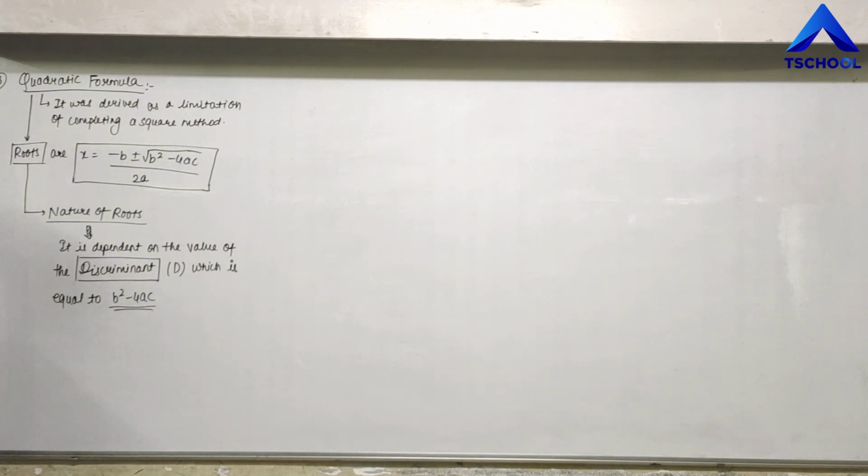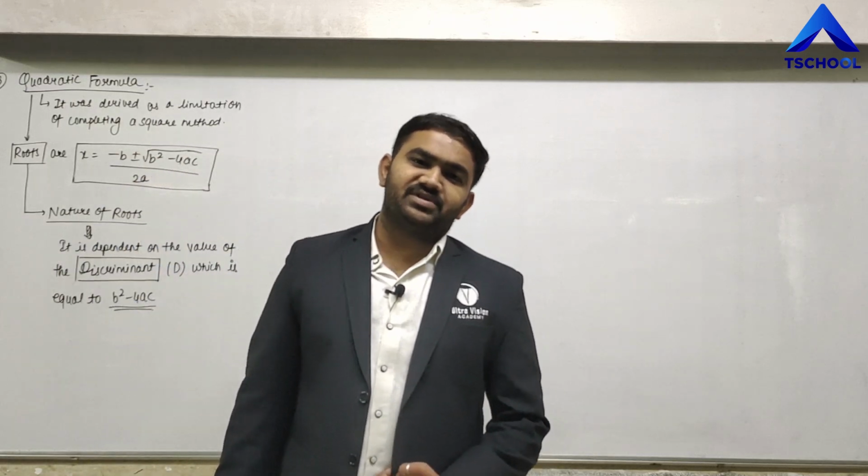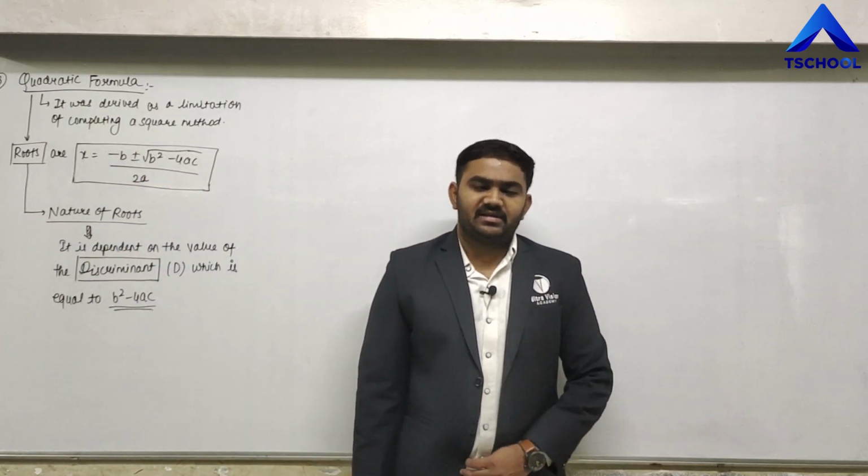So there are three possibilities when you get any number: that number is either positive, or it is negative, or it is 0.